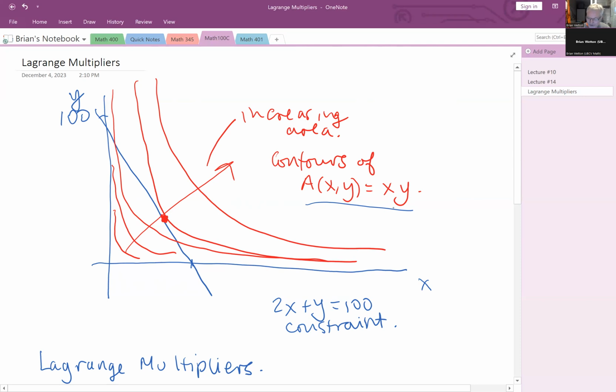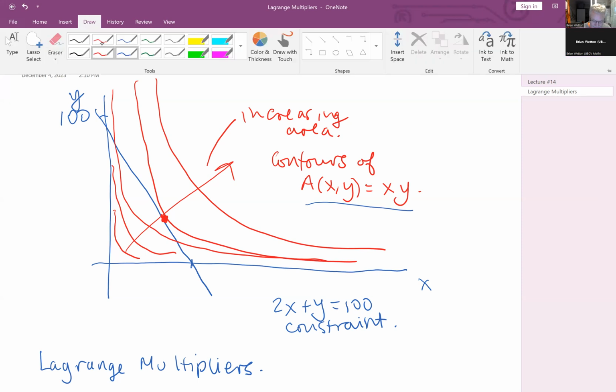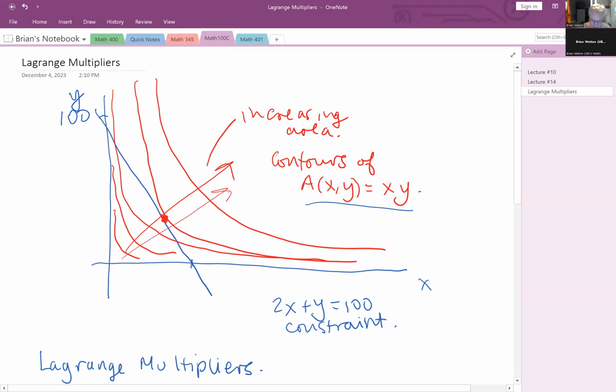Those are hyperbolas: if x times y is a constant, then y is that constant divided by x. So I get a bunch of curves, like these red curves, with increasing area as I go this way. And of course, in this problem there is no maximum area because I can just have a bigger and bigger area as I go farther and farther out.